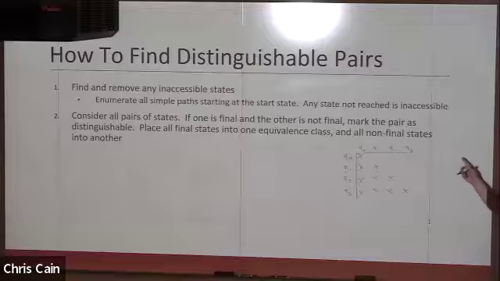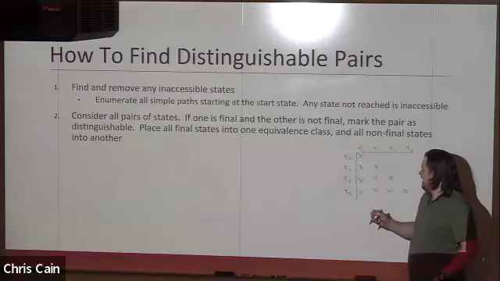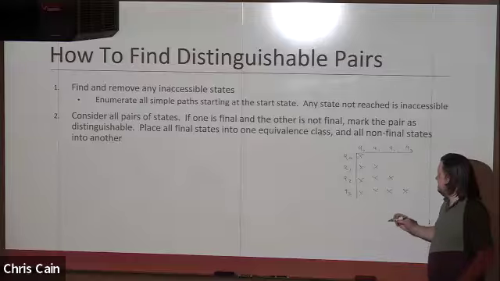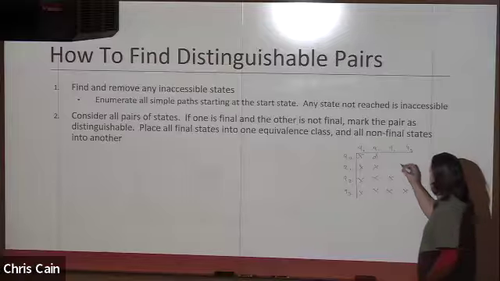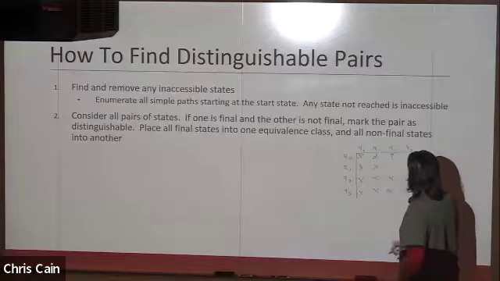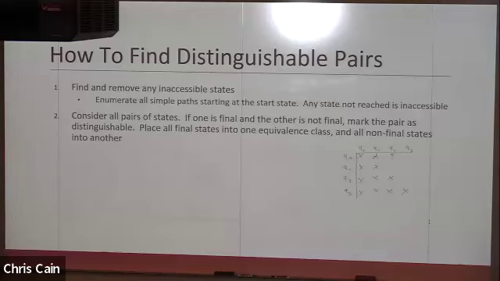We're going to start by just looking at whether the pairs are final or not. So if Q0 is final and Q1 is not, then we would mark them distinguishable. If they have the same finality, either they're both non-final or they're both final, then we cannot make a conclusion yet. We don't know that they're indistinguishable, but we're going to leave it as a question.